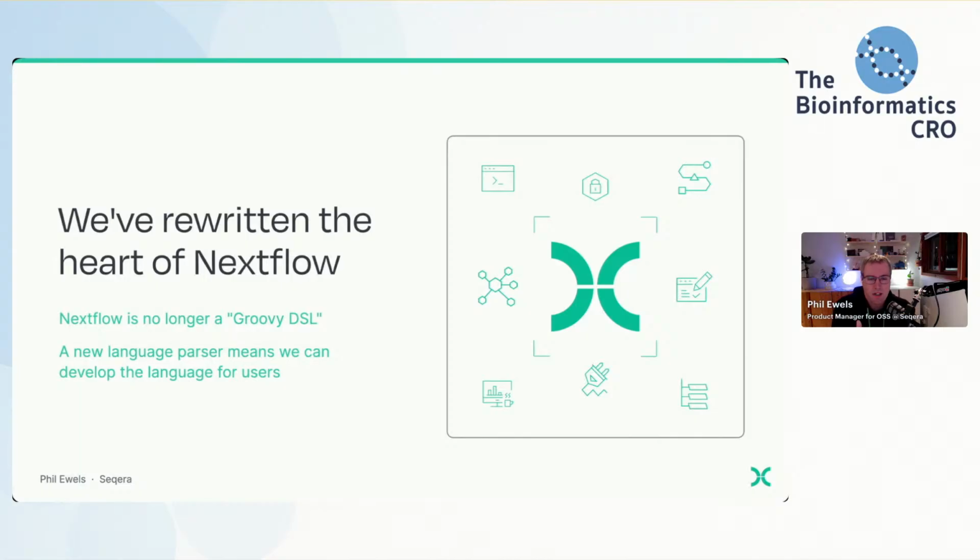This really changes the game for us in terms of what we're able to provide for developer tooling, for error messages and things like this. And it means we're kind of moving away from the days of Nextflow being a Groovy DSL. Really, Nextflow starts to become its own native language.